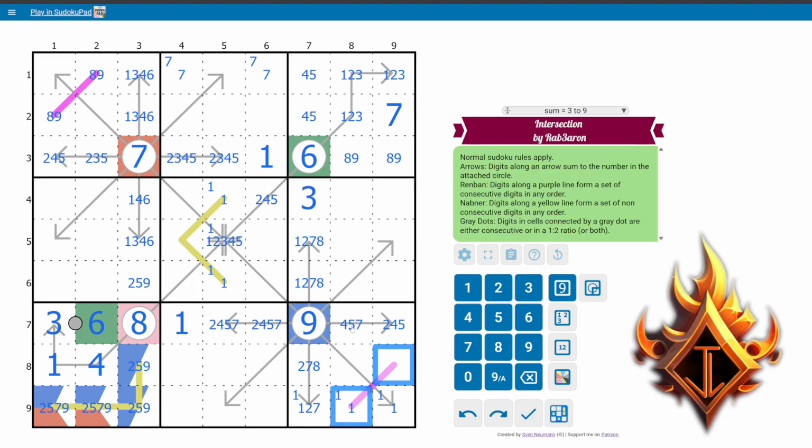What did I say? If this is 5-4, rather, if this is 7-2, that is 5-4.